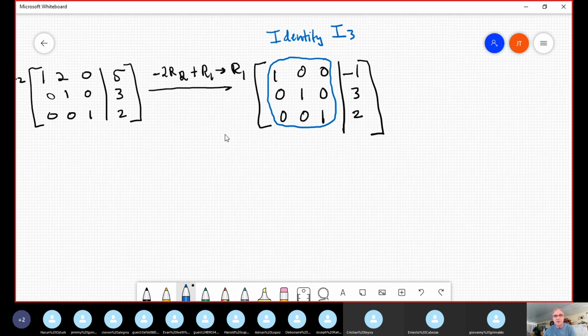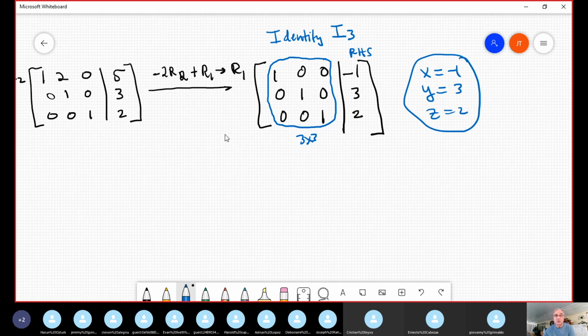Normally it's called I3 because the dimension is 3 by 3. The dimension of this matrix I enclosed in the blue color, guys. 1, 1, 1 in the main diagonal. In the right-hand side we have minus 1, 3, and 2. So that means x is equal to minus 1, y equal to 3, and z is equal to 2.